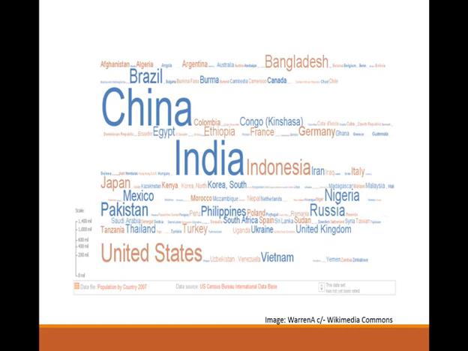So you can see here China, India, United States are quite large, and obviously the smaller the word, the smaller their population is. This was in 2007, so it shouldn't have changed too much. They might have got bigger numbers in that time, but China would still be one of the biggest populations within the world.